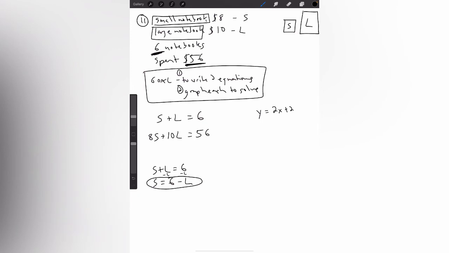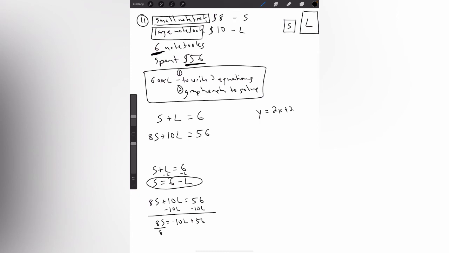And then also, if I have 8s plus 10l is equal to 56, if I want to isolate the s, I can subtract 10l from each side, right? That would give me 8s is equal to negative 10l plus 56.